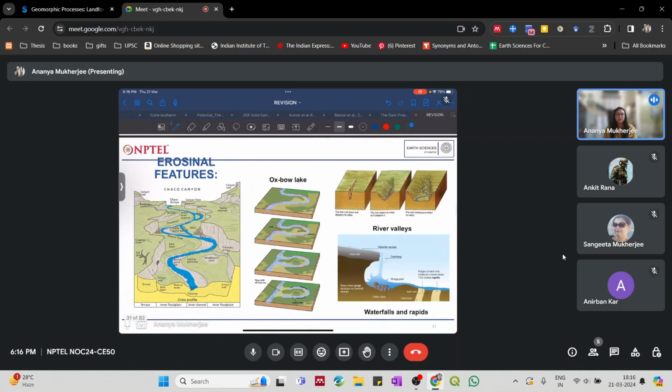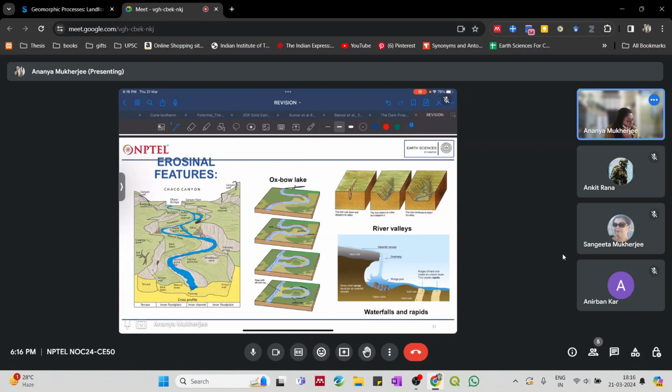So now we will see some of the erosional features that are created due to fluvial geomorphic processes. You can see over here you have oxbow lakes. You can find it within the drainage basin that has been created. Then you have canyons.